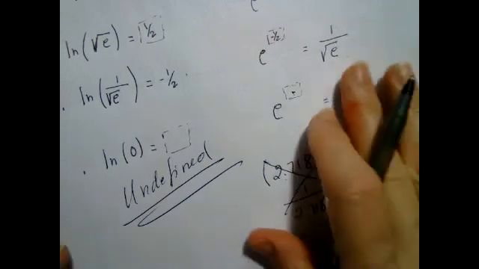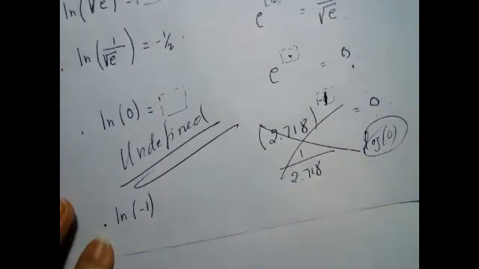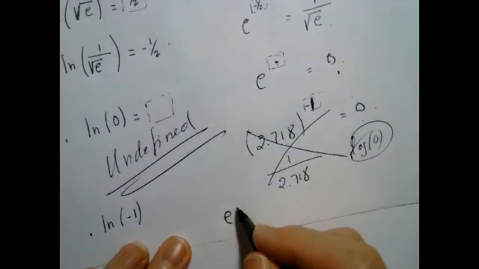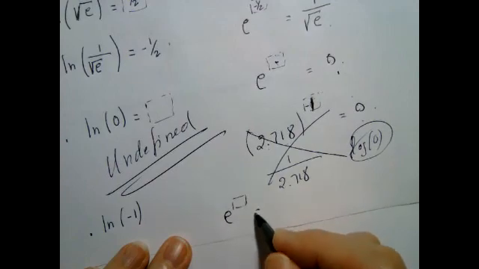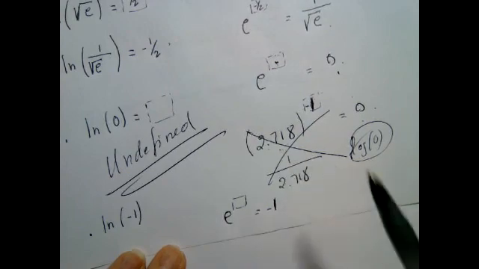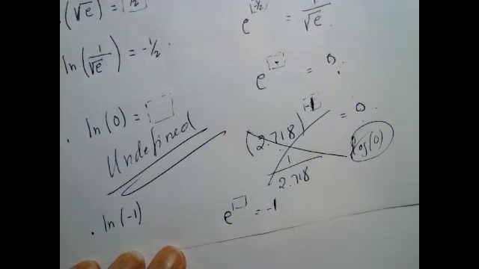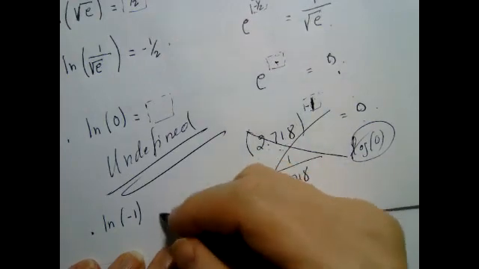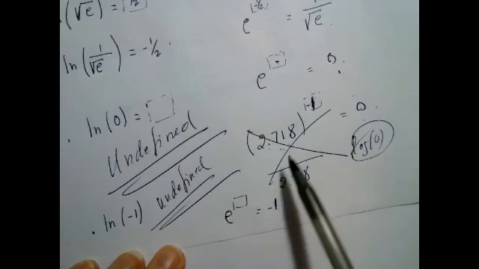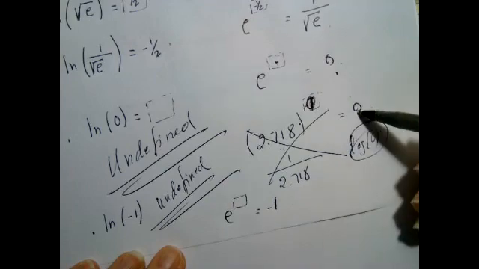There is no output. For the same reason, if I ask you what is the ln of -1, it means if I take e to which power do we get -1? Remember, e is a number. Don't lose track of that. So what do you think ln of -1 is? Oops, this is again undefined. Because, as I said, I repeat, if you take e to the power 0, you get 1.